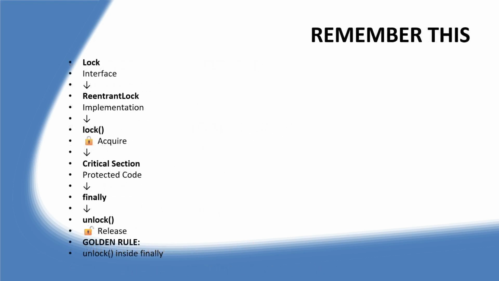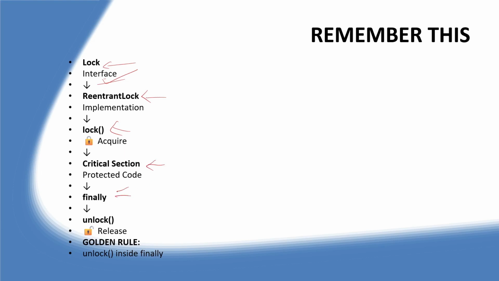So this is a simple model. We should understand that Lock is the interface, and the implementation class of this Lock interface is ReentrantLock. Now call lock to acquire the lock, and once we acquire the lock, the critical section will get executed.